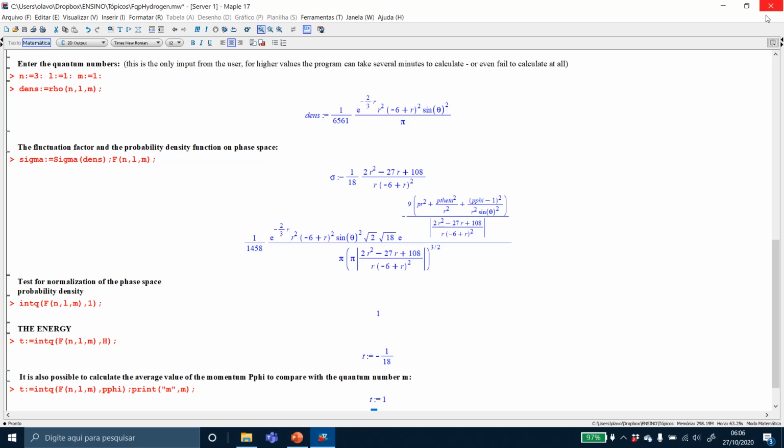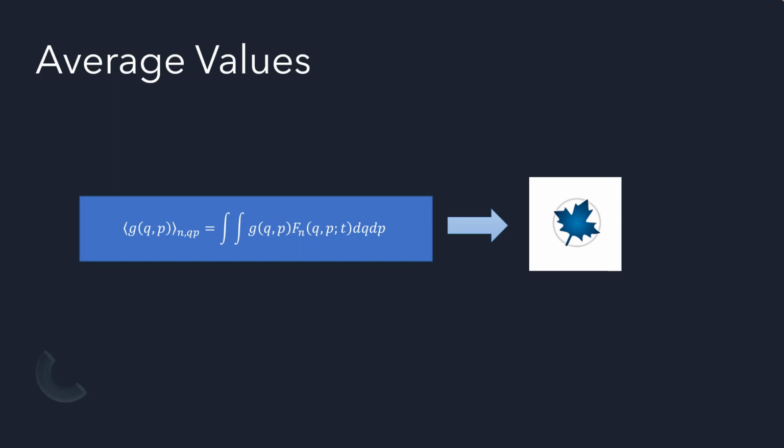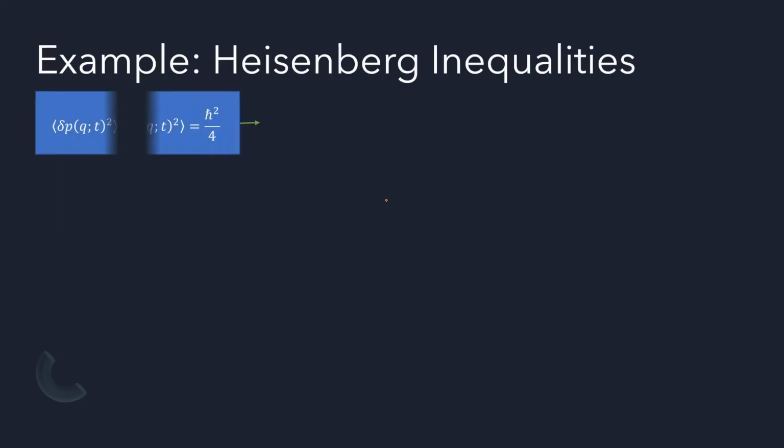Now that we have shown that our calculation using the probability density function defined over phase space gives the correct results, let us show that the Heisenberg inequality can also be derived from the first axiom that we have used.